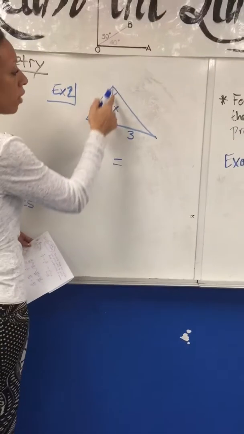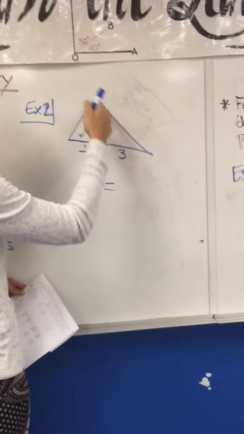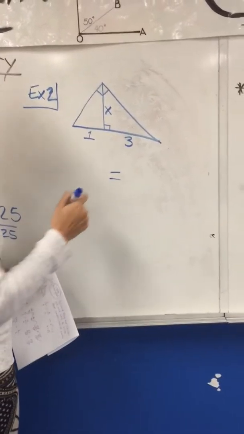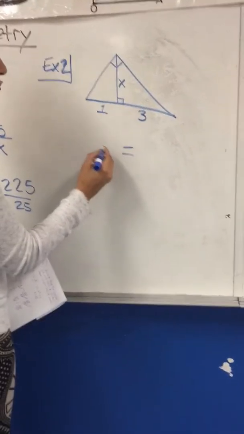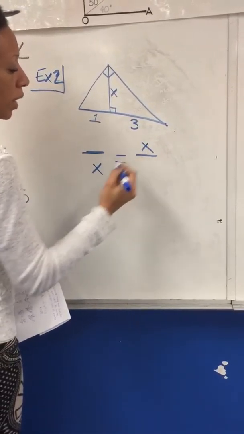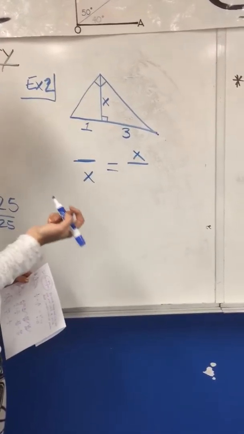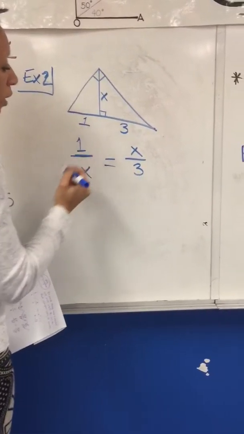My altitude now, or the leg of this smaller right triangle, is my geometric mean. So how is this going to look? Again, my geometric mean in two places, and then my positive numbers 1 and 3 here.